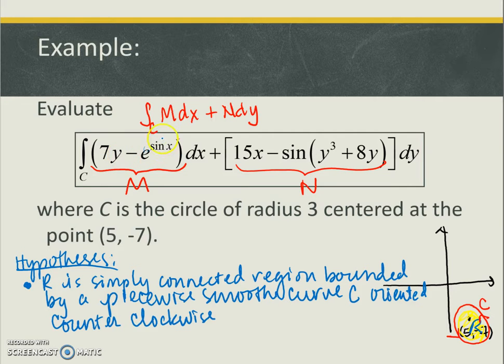So as I consider taking partial derivatives of M, it looks like everything is going to be nice and continuous in terms of the partial derivatives. And as I look at N, the same thing's going to happen. I've got a polynomial and sine functions. Sine functions are nice and continuous. So M and N have partial derivatives, and I don't have to actually find those partial derivatives unless I need to.